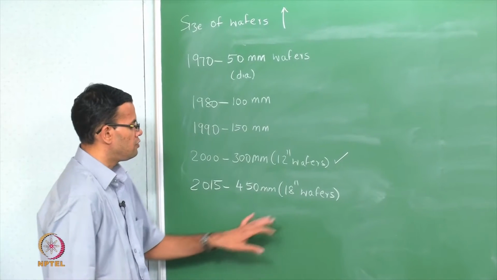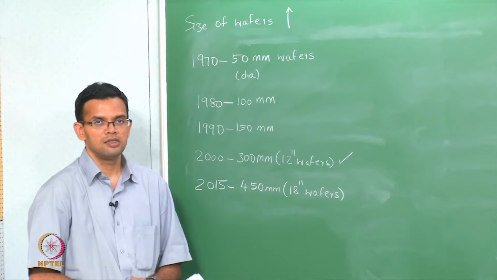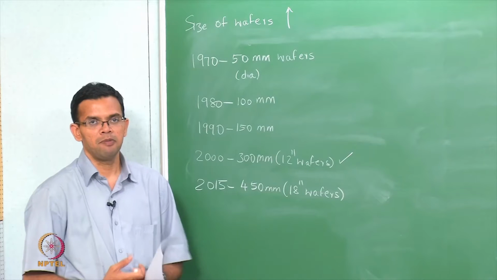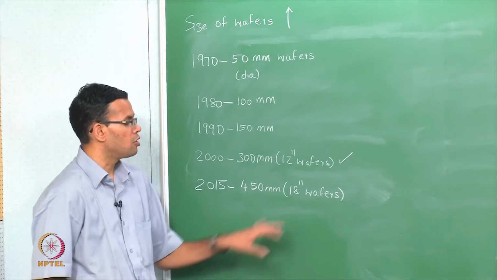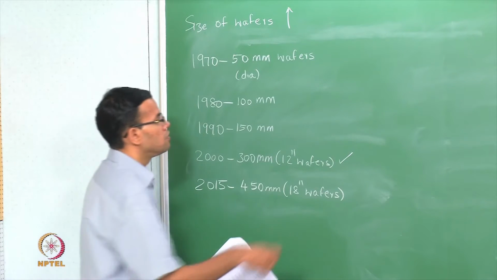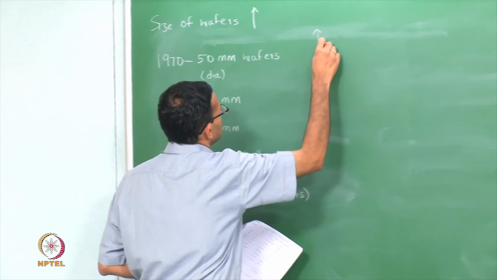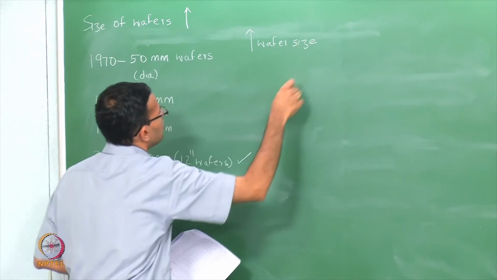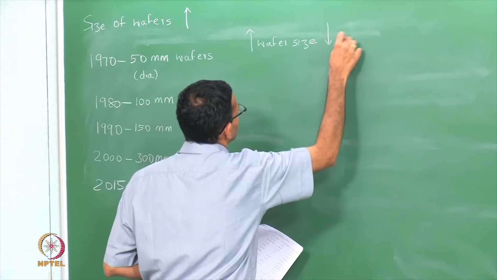The advantage of increasing the wafer size is that the larger the wafers, more the number of chips that can be packed into it, which means the cost per chip will come down. So increasing wafer size will lower the cost.